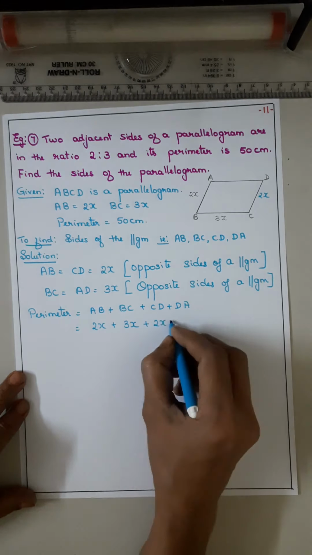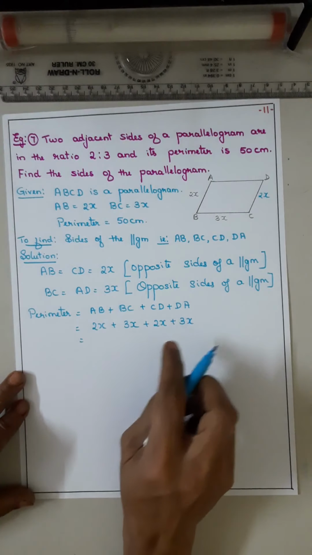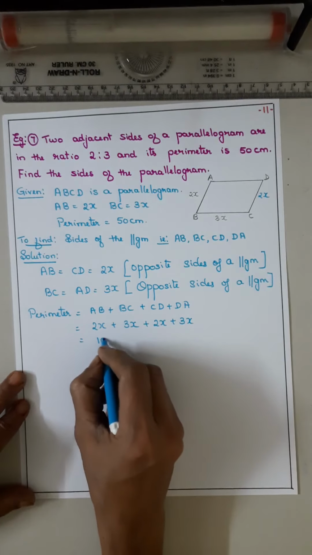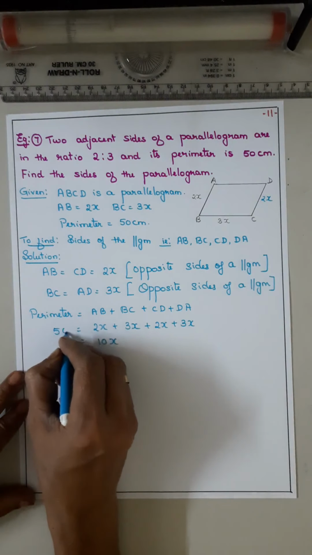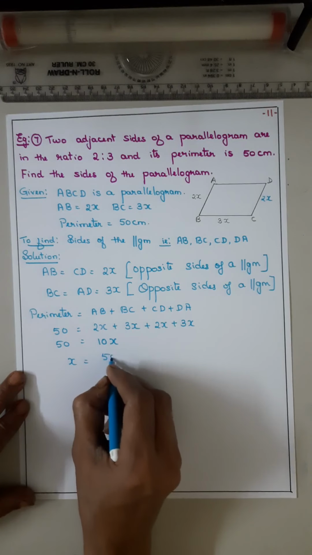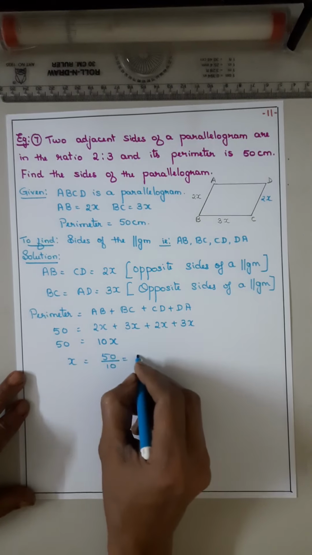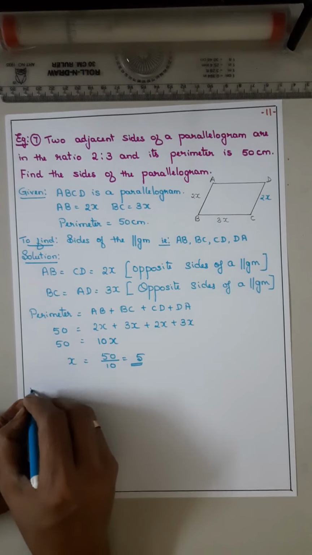So you got 2, 4, 6, means total 10x. But perimeter is given 50. So x is equal to 50 upon 10, that is 5. You got x as 5.